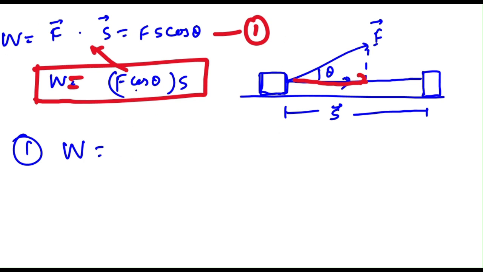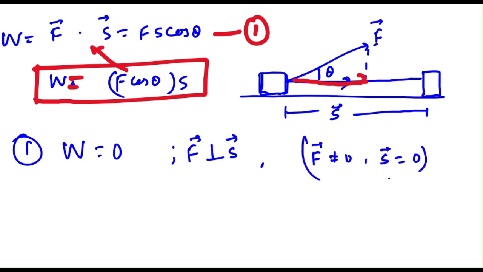In that case, cos 90 will be 0 and work done will be 0. This is if force and displacement vectors are perpendicular to each other, or if there is force but displacement is 0. In that case also we will have no work done because of this force.